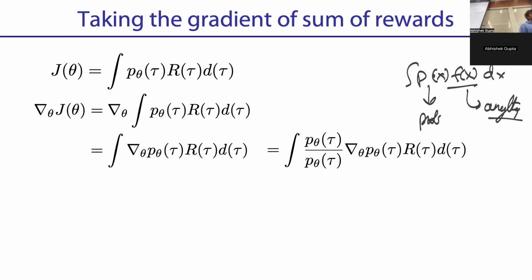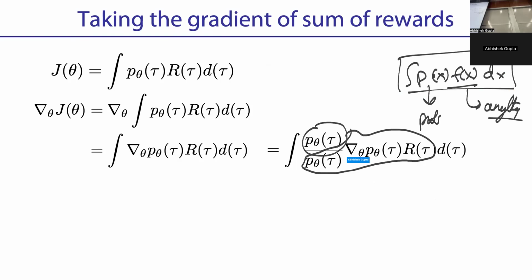This seems like it shouldn't do anything, right? But then we group these terms together. In the form of our expectation, this thing is a probability distribution, and this thing is an f, right? So it becomes an expectation because you multiplied and divided and rearranged the terms a little bit, okay?